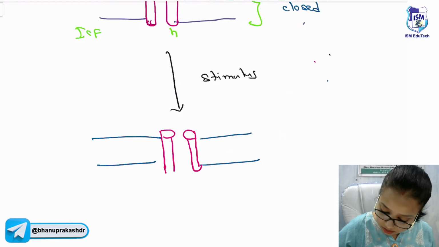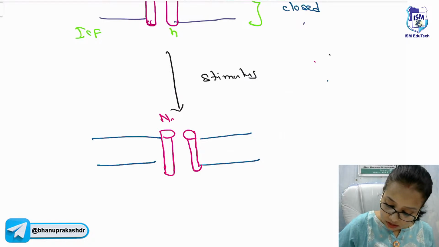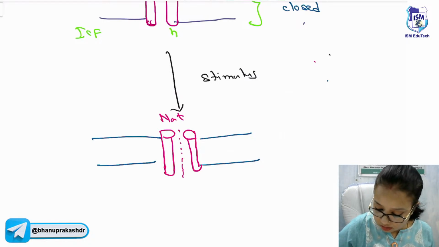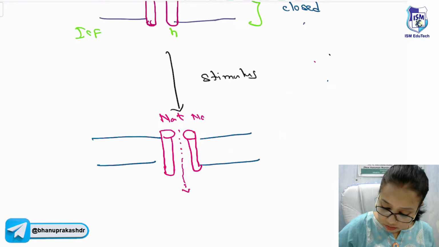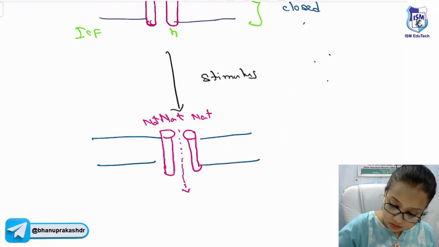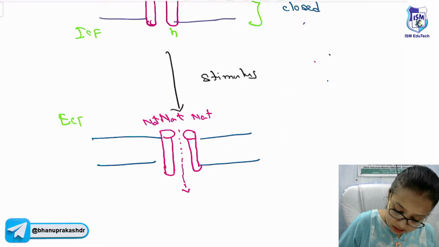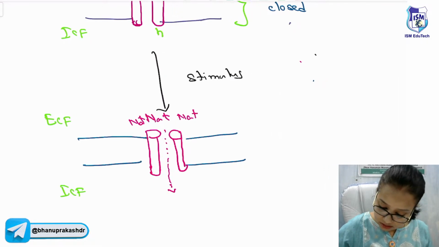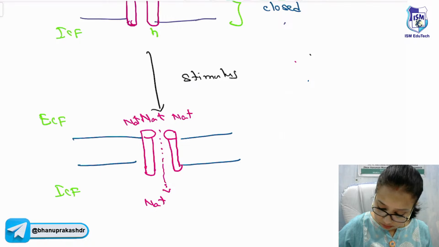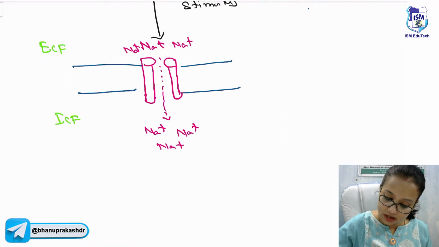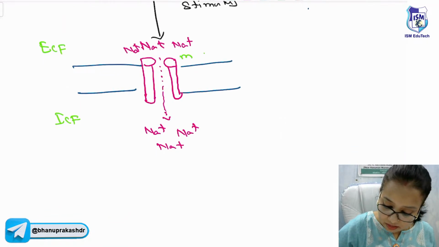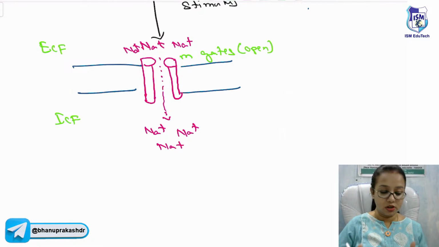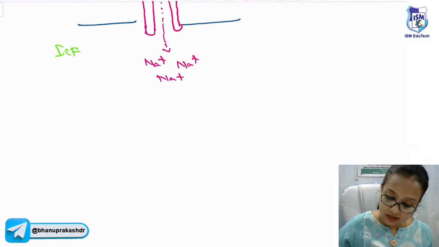When they open up, there is influx of sodium. Sodium from the ECF enters the ICF, that is the inside of the cell. So the M gates are open, and through these M gates the sodium has entered.